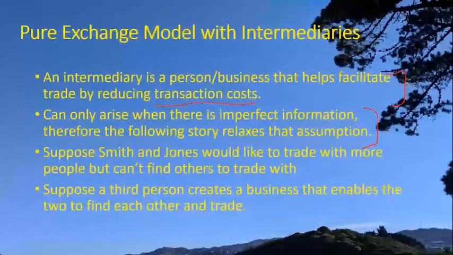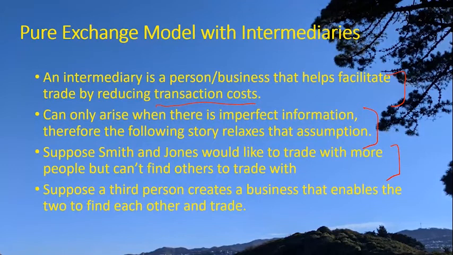All right. Now, suppose Smith and Jones want to trade with each other, but they don't know how to find each other. Smith has oranges and he would love to trade them for apples, and Jones has apples and would love to trade them for oranges, but he doesn't know where Smith is, and Smith doesn't know where Jones is, and they don't know how to find each other in order to engage in trade.